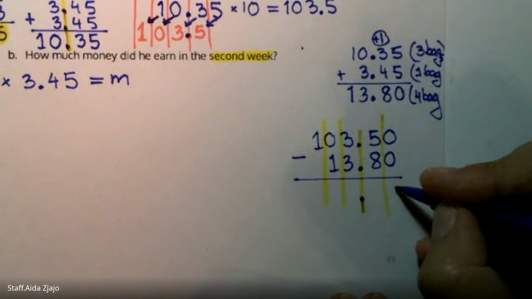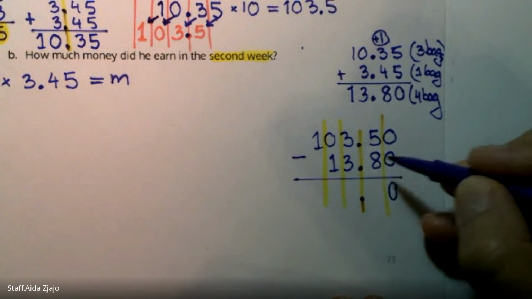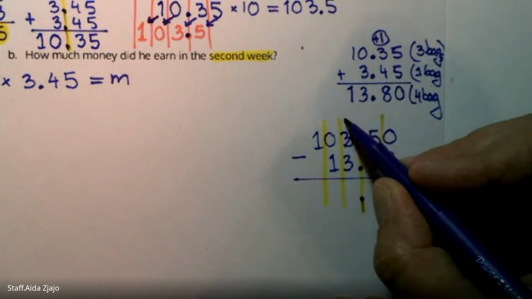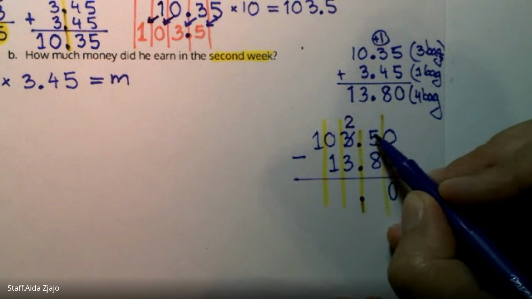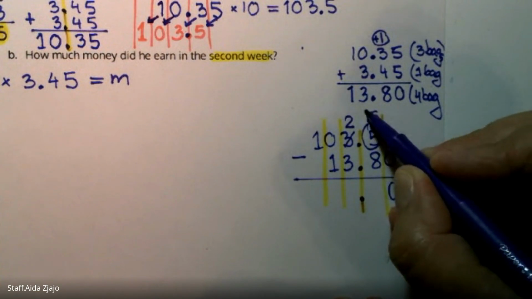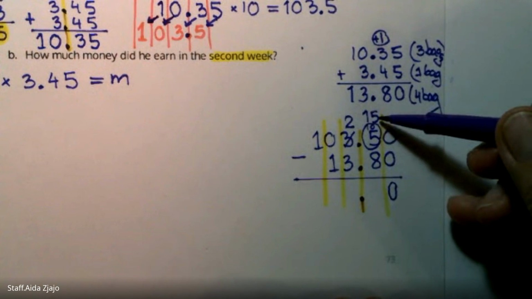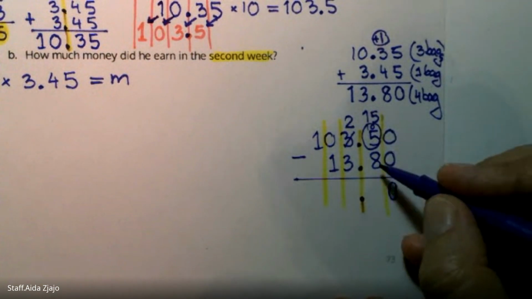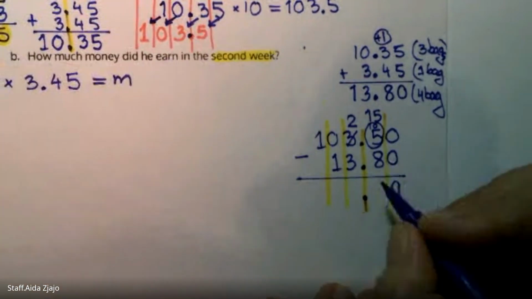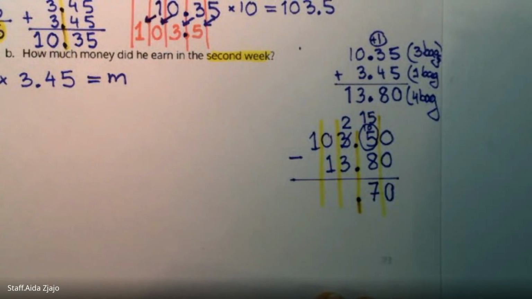So 0 minus 0 is 0. 5 minus 8 doesn't work. You cannot give me 8 when you have only 5. So I have to regroup one whole and add 10 more, so together it will be 15. So now I can give you 8 if I have 15. 8, you can count 9, 10, 11, 12, 13, 14, 15. So 7, and you can check 7 plus 8 is 15. So I am good there.